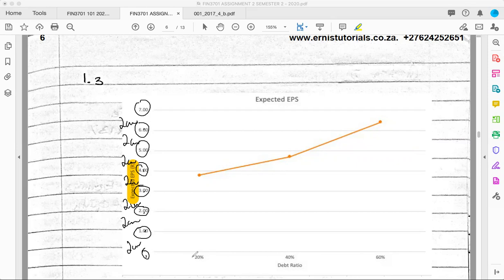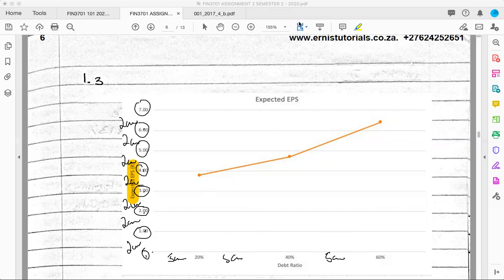And then for this side, for the debt ratio, since there are only 3 values, the less values you have, the greater your scale can be. You can use 5 centimeters from 0 to 20, and then a further 5 centimeters from 20 to 40, and then another 5 centimeters from 40 to 60.